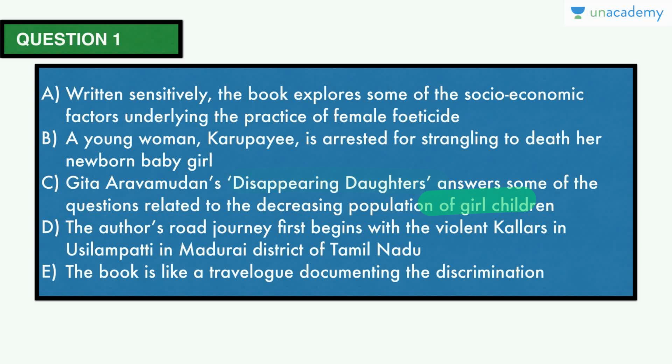The author's road journey first begins with the violent colors in this area of Tamil Nadu. Okay, so this is the author's journey. The book is like a travelogue documenting the discrimination. What discrimination? Discrimination against girl children. Discrimination against girls in terms of female feticide.